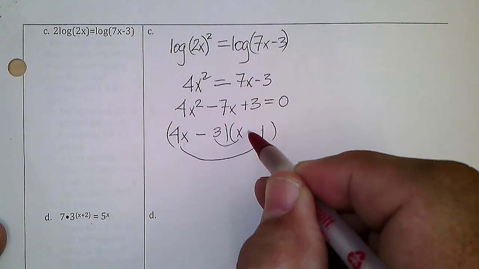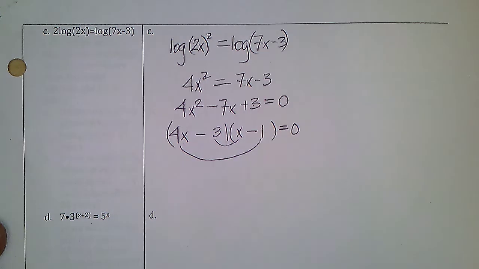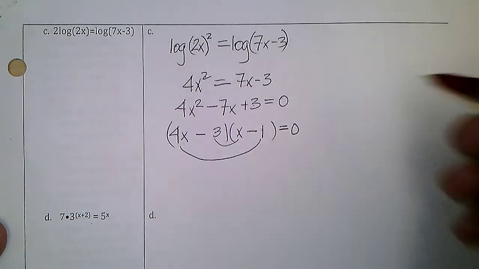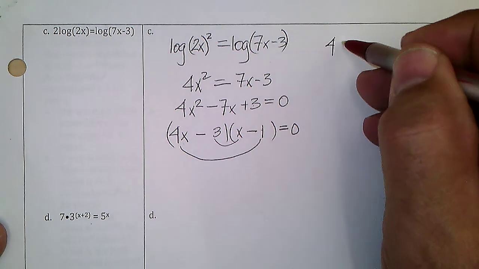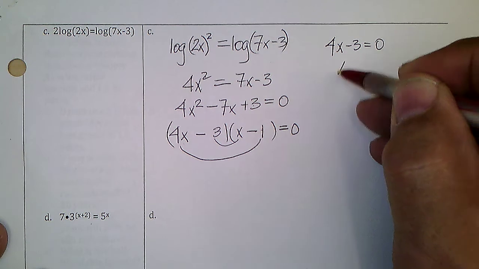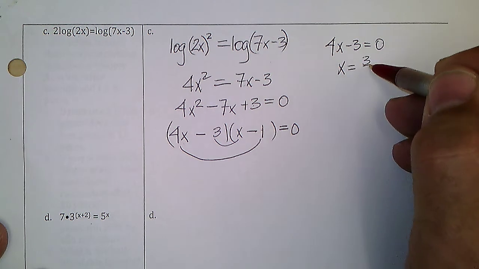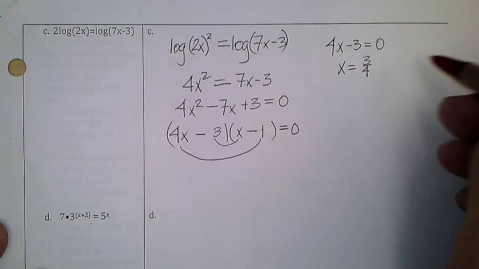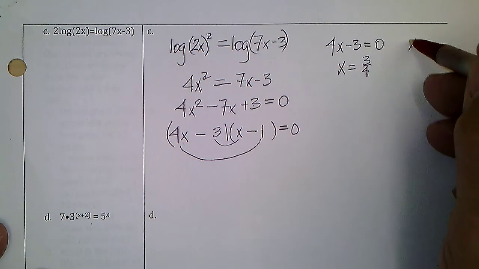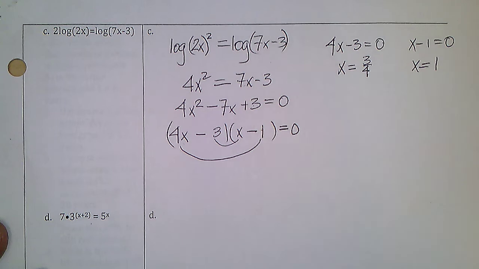If they're both minus, I'll get negative 7x. So I set these equal to 0, and I get 4x minus 3 equals 0, which means x equals, add 3, divide by 4, 3/4. Or I set x minus 1 equal to 0, and I get x equals 1.